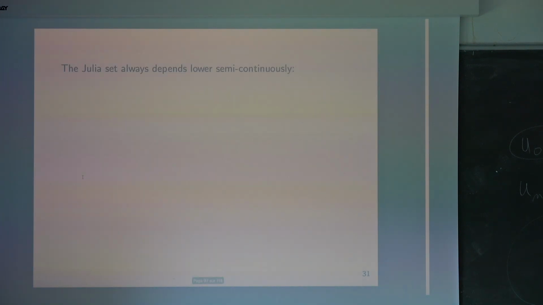Okay, so I should explain a little more. I will not prove the result of Douady, but I will give you some hint why the Julia set, not the filled Julia set, but the Julia set is lower semi-continuous.